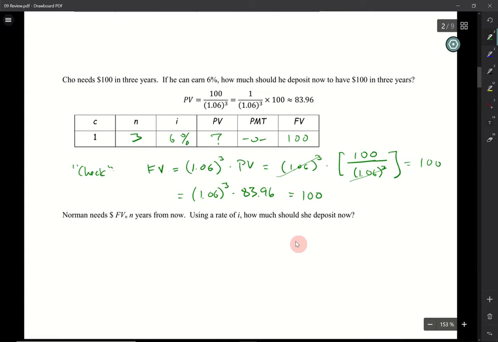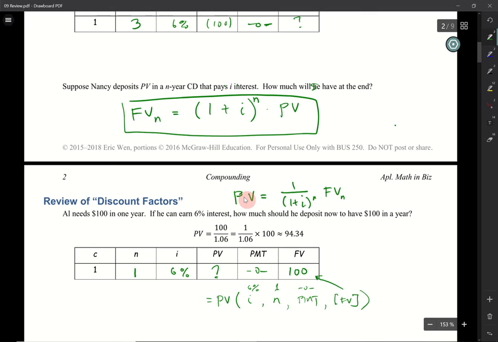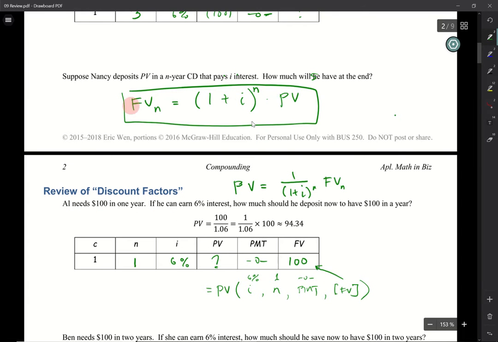So if you need FV certain years from now, how much should you deposit now? The present value is 1 plus i to the negative nth power times some future value. That's actually what we knew from before. Starting with the present value and moving it forward is easier to think about: you deposit now and move forward in time.